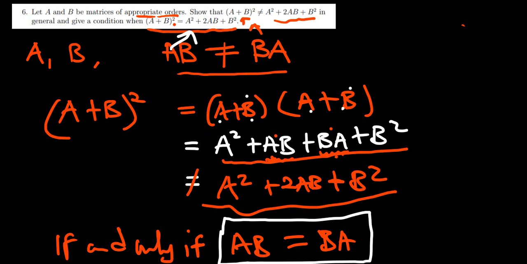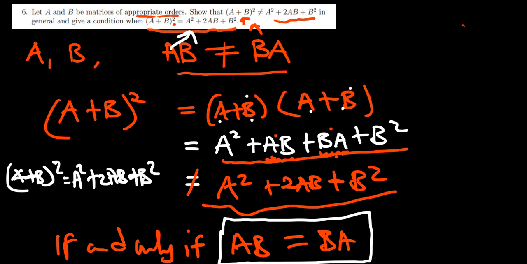It will mean that (A plus B) squared will be equal to A squared plus 2AB plus B squared. So this is only true if this condition is satisfied.